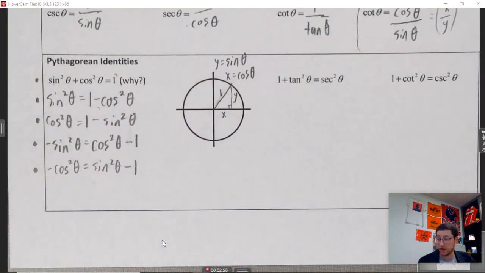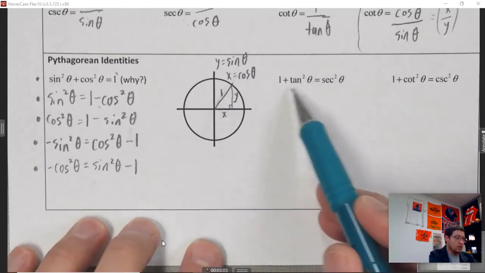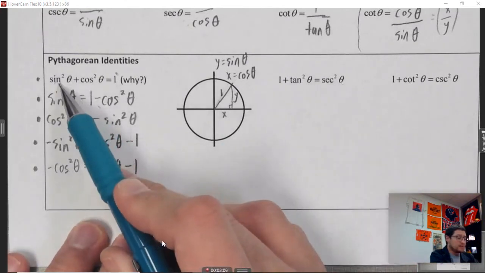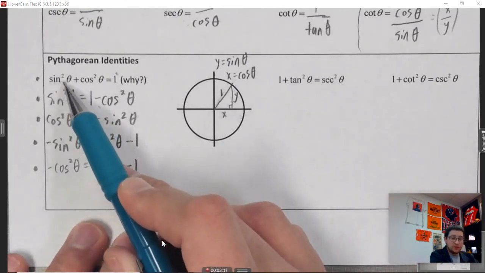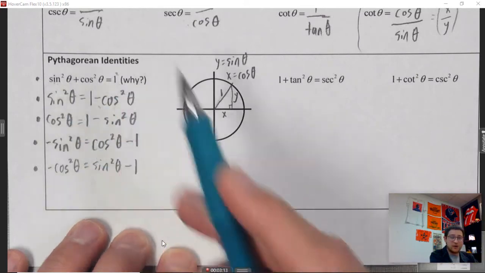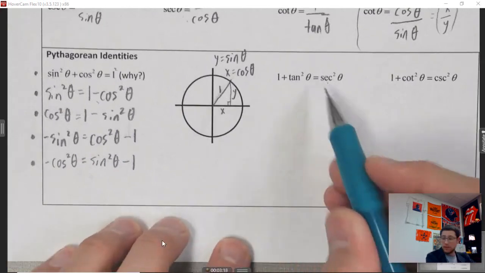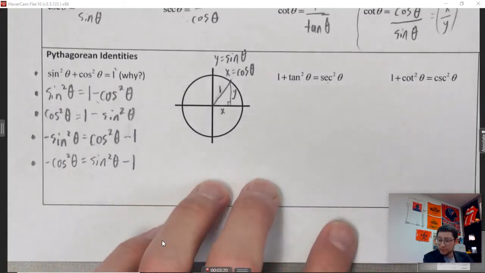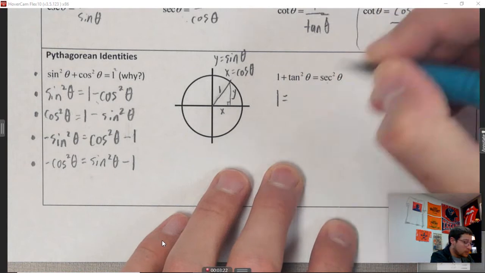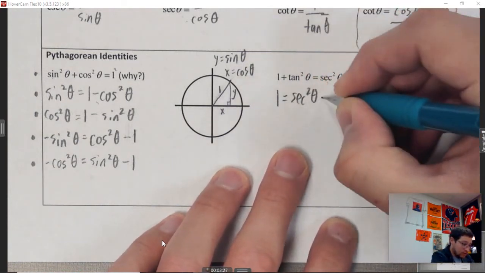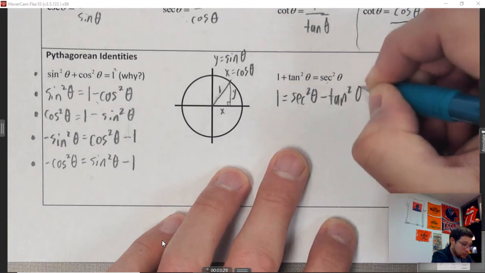These other ones I'm going to rattle off pretty quick, but just some background. 1 plus tangent squared is equal to secant squared of theta. It comes from this, as if you were to divide the entire thing by cosine squared of theta. I'll let you think about that, but that is one Pythagorean identity. You could also isolate the 1, so we're going to end up with secant squared of theta minus tangent squared of theta.